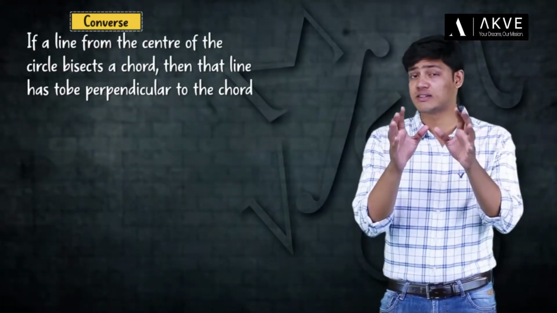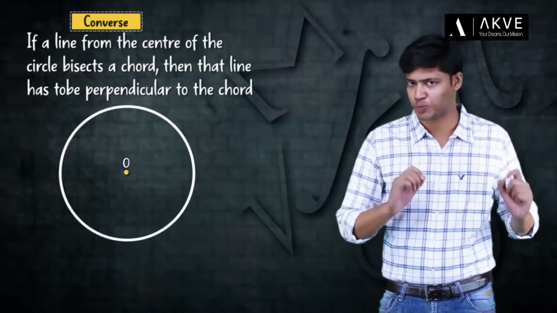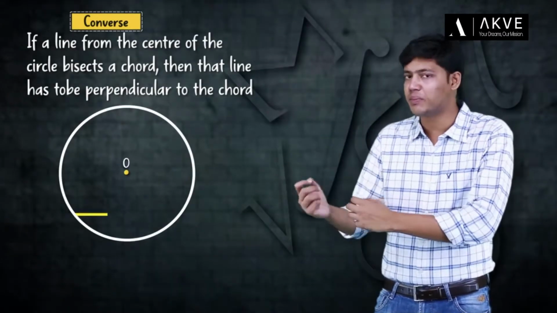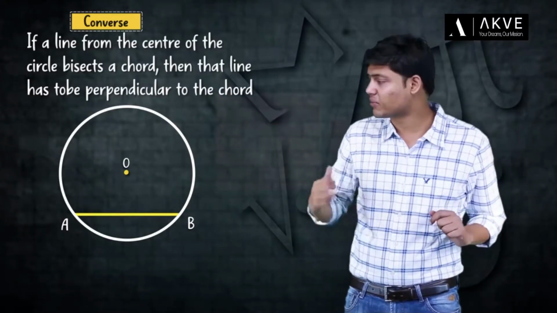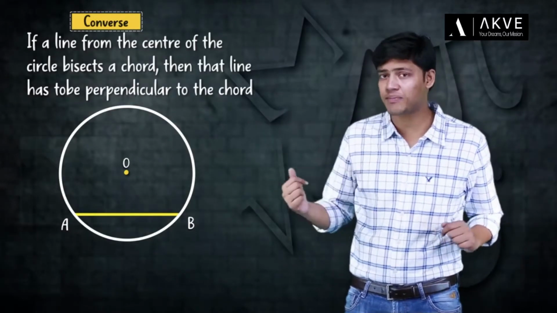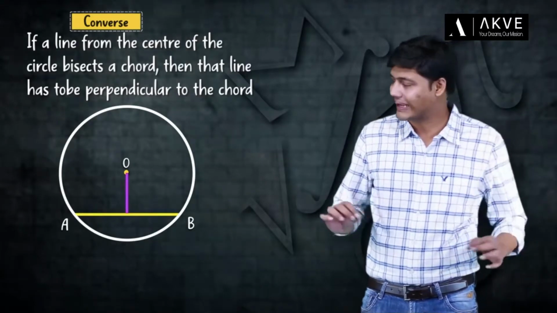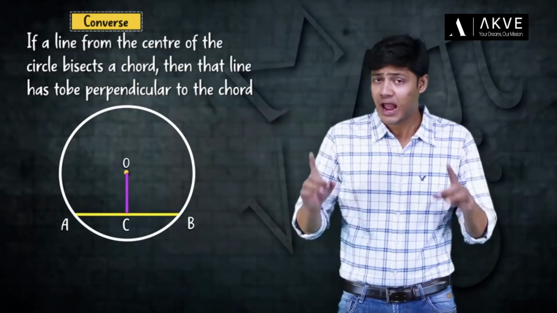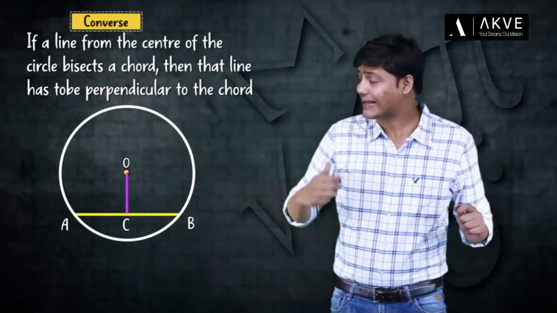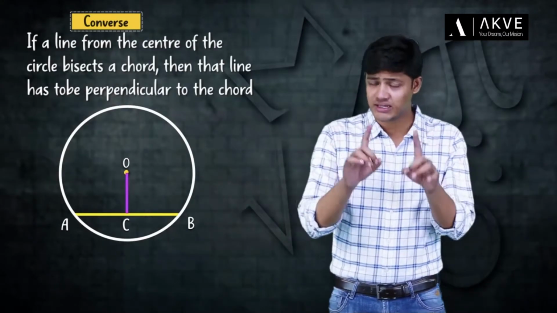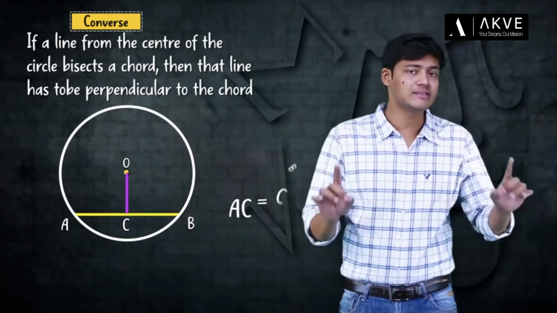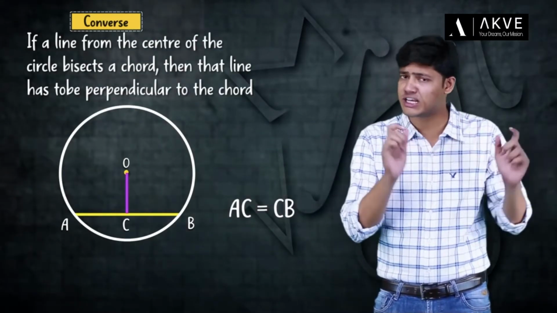So again, consider a circle with center O and let AB be a chord. Now, the line segment from O onto the chord AB meets the chord AB at C. And it is mentioned that this line segment bisects the chord AB. That is, the length of AC is equal to the length of CB.